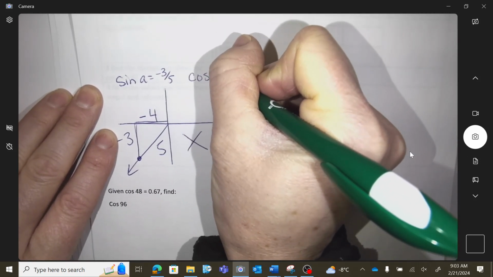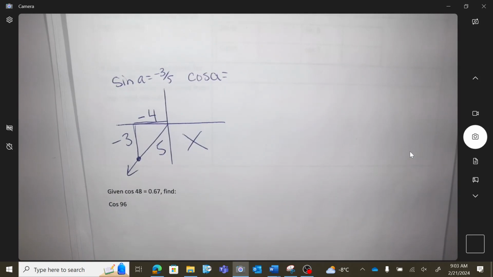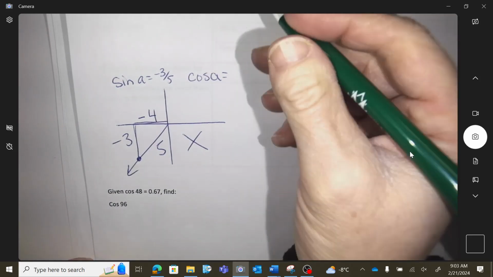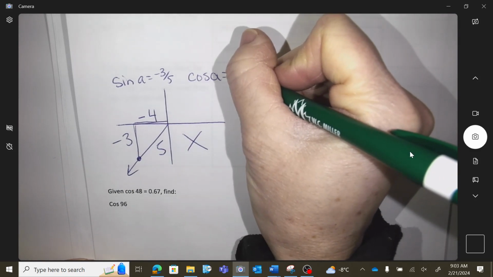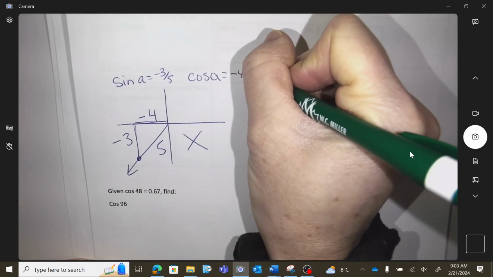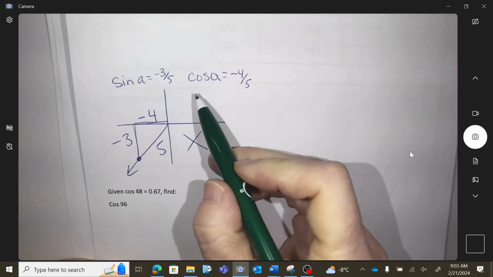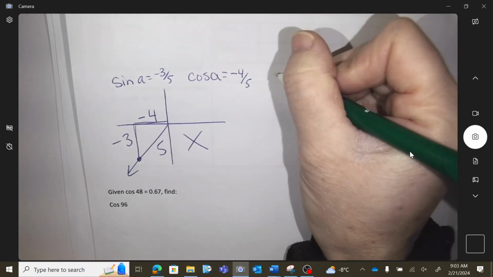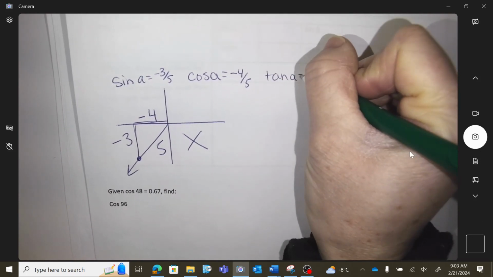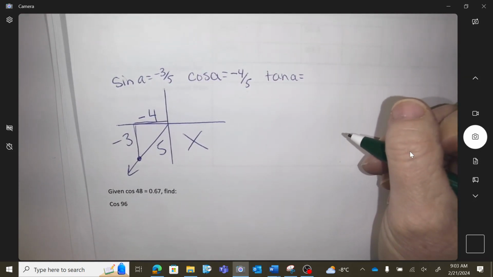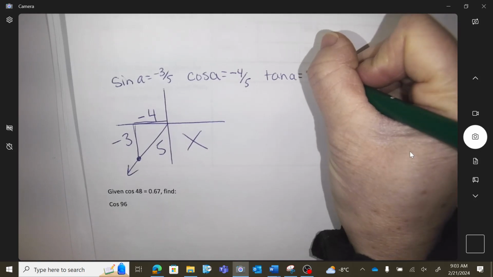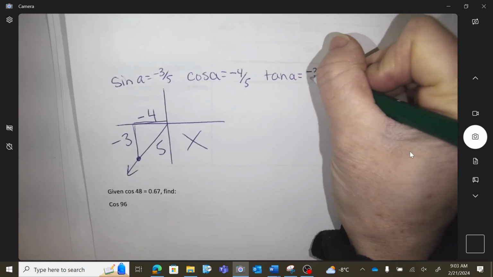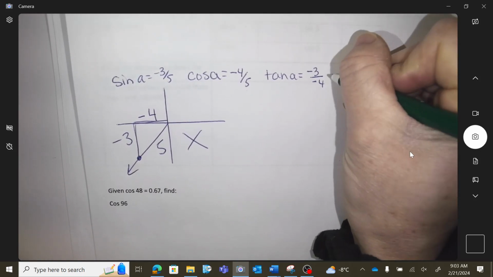The cos of A, what's the cos of A? Negative 4/5. Tan of A, thank you, excellent.